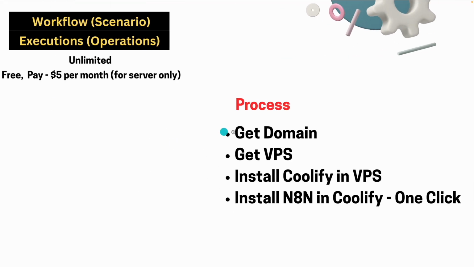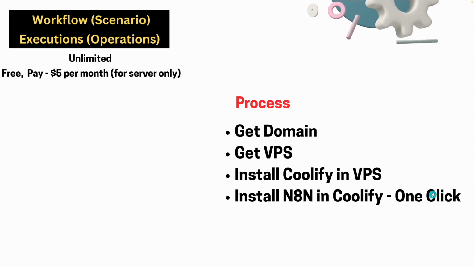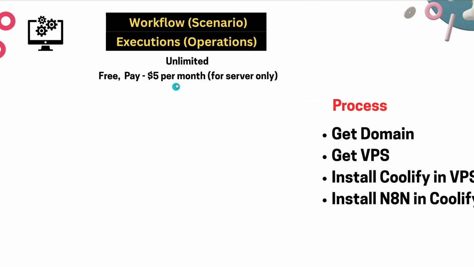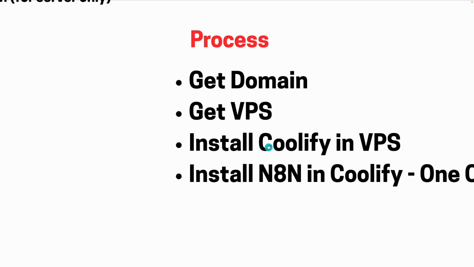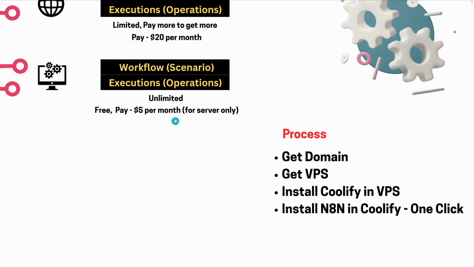So with the help of Coolify you can install anything in just one click. Another best part is that it is not limited to N8N, the server which you purchase. Using Coolify you can install other applications on the same server too. So it's something very powerful.